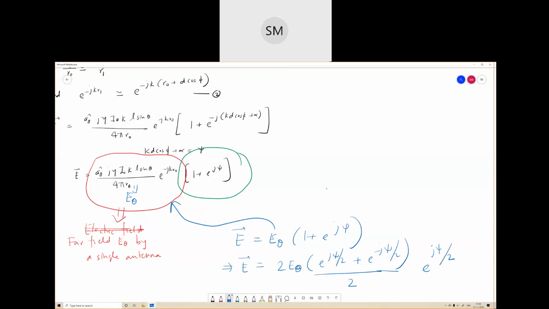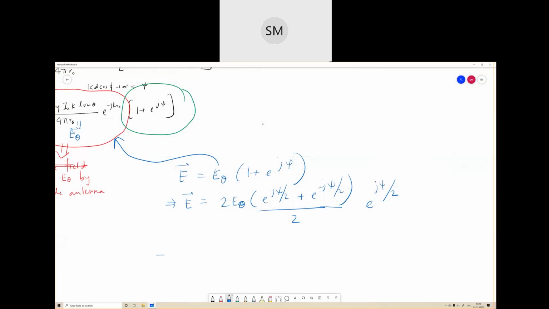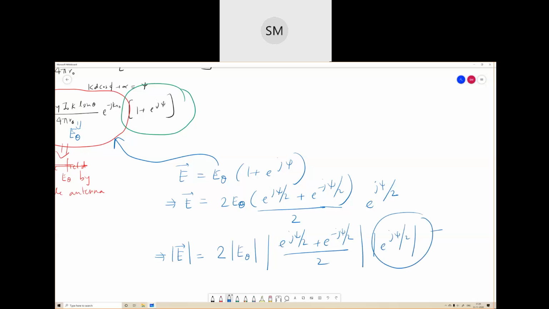What is the magnitude of this quantity? This will be the magnitude of E theta and the magnitude of this quantity. Clearly, the magnitude of this part is equal to 1. The magnitude of this e to the power of j psi by 2 is 1, so we can ignore it.